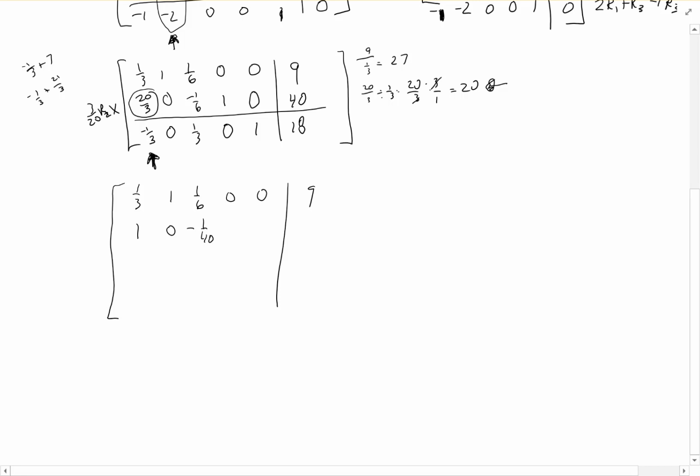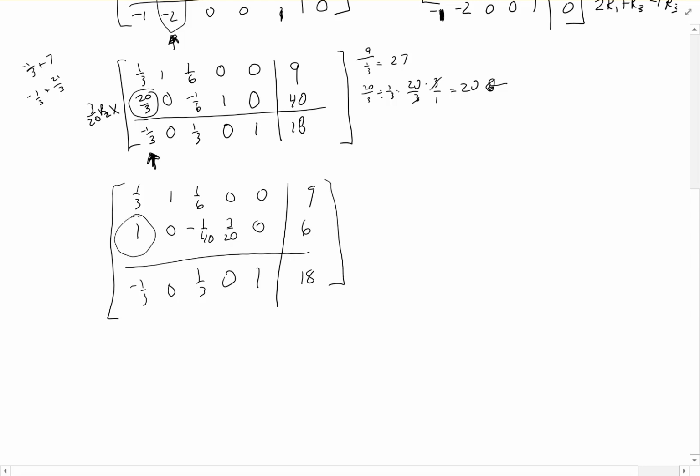And then 3/20 times 1 is 3/20. 3/20 times 0 is 0. 3/20 times 40, the 20 and the 40 will reduce down to just a 2, and so I'll have 2 times 3, I'll get 6 there for the total. All right, negative 1/3, 0, 1/3, 0, 1, 18. Bottom row stays the same.